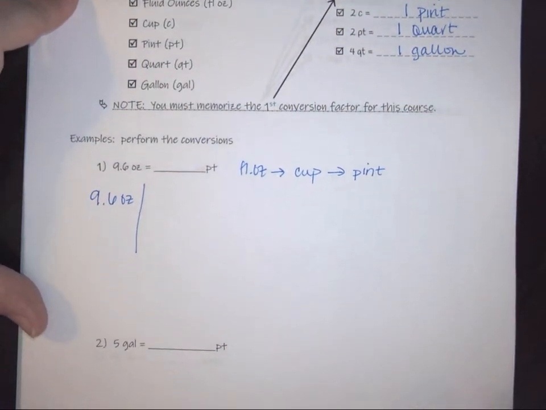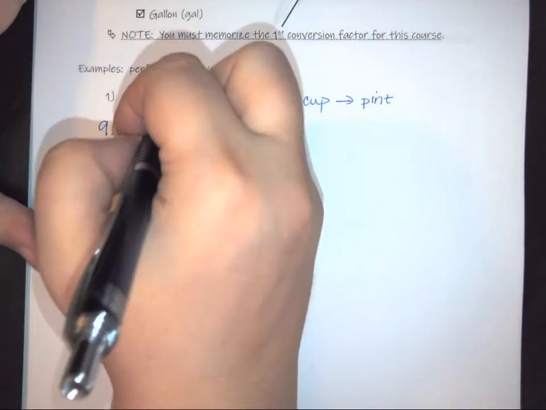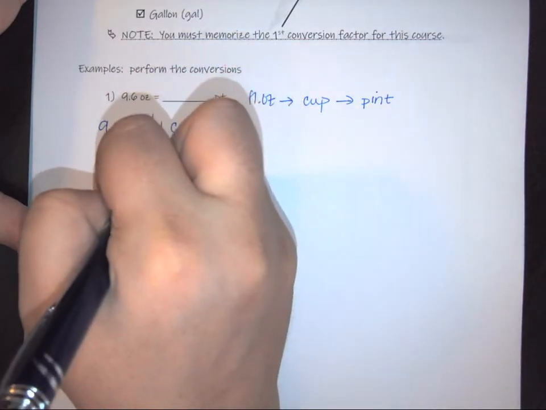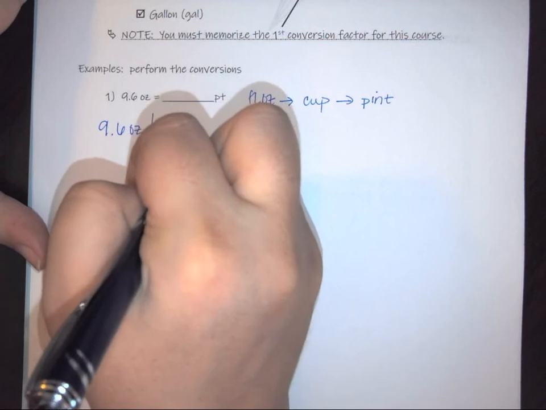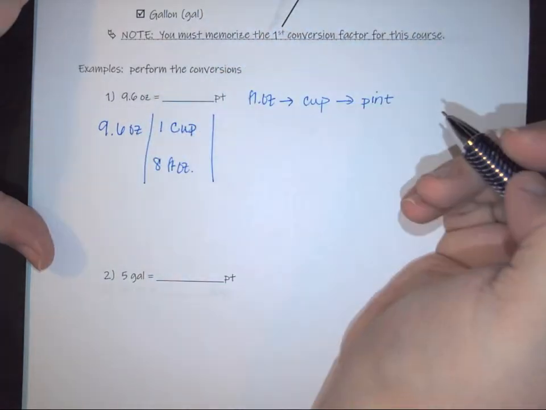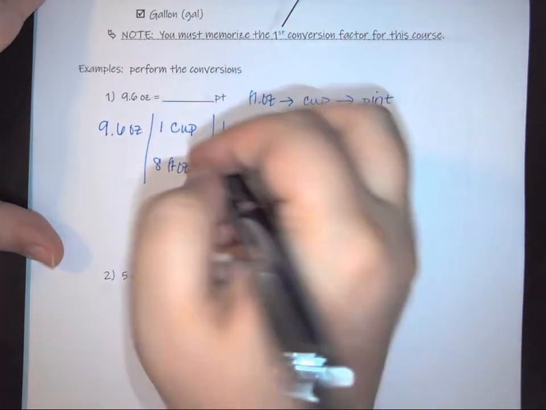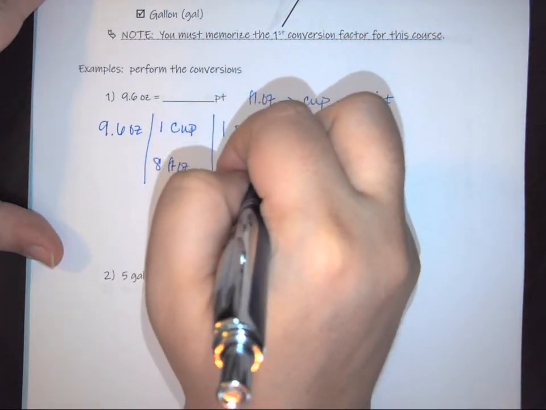So I have the 9.6 fluid ounces, which is the same as 1 cup per 8 ounces. And then that's going to give me that 1 pint is the same as 2 cups.